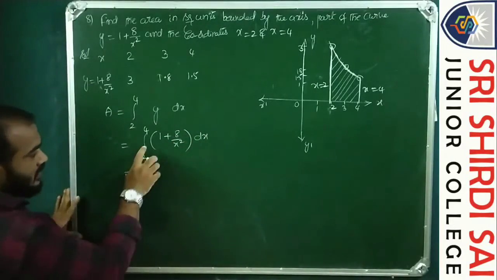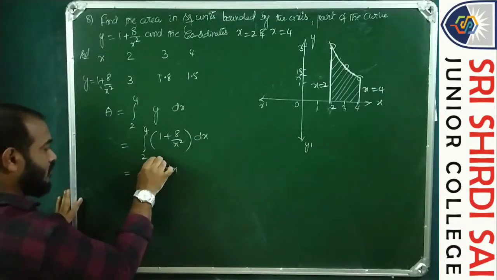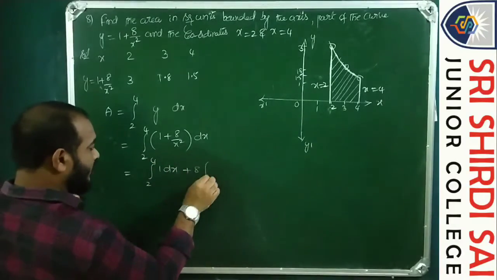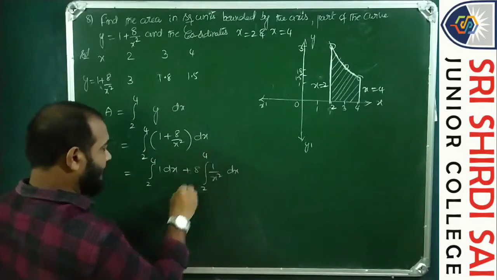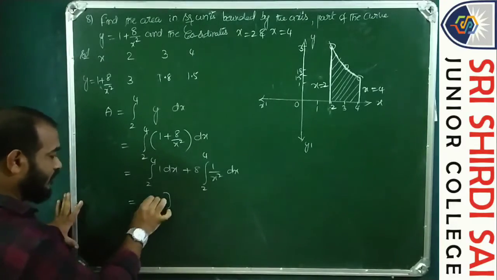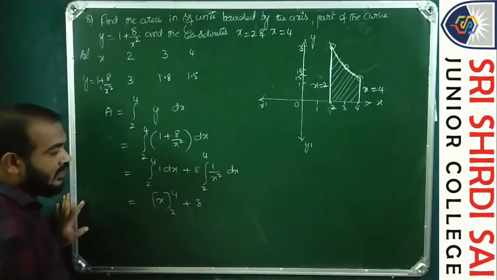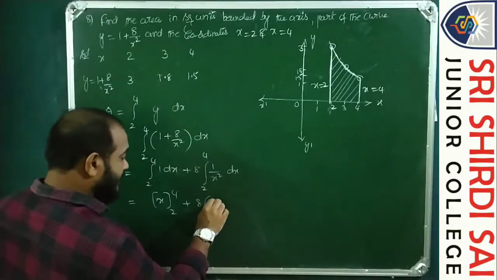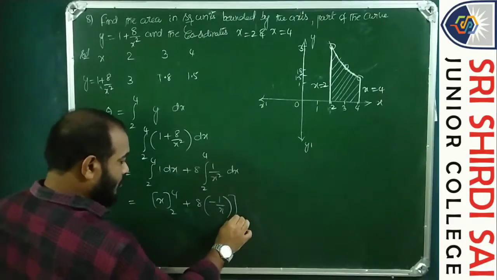This is integral of 1 dx from 2 to 4 plus 8 into integral of 1 by x square dx from 2 to 4. So integral of 1 dx is x. The process of integration is over. And 8 times integral of 1 by x square is minus 1 by x, from 2 to 4.